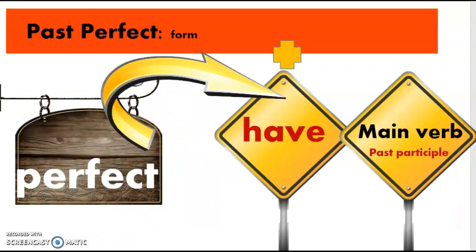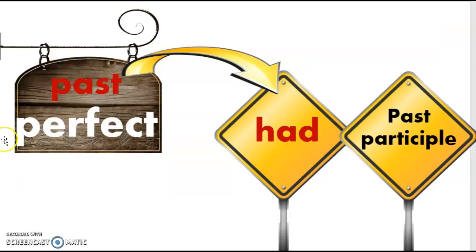We also talked about how to form the past perfect. We said that with the past perfect, we have to add the verb have as the helping verb. And since it's the past perfect, the verb have would be changed to had. So it's the past form of the verb have used with the main verb in the past participle form.